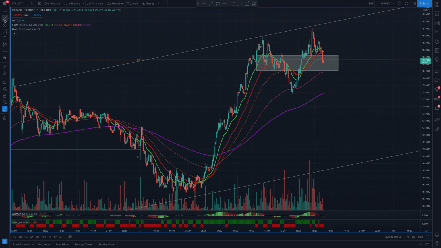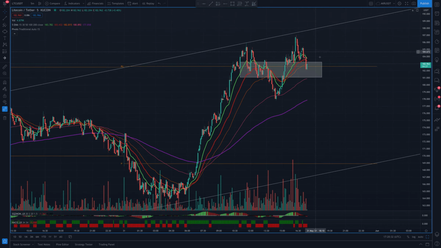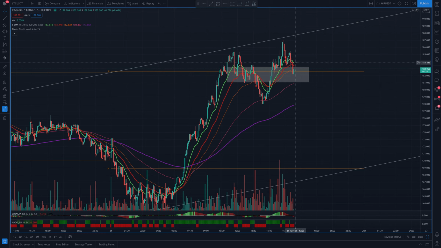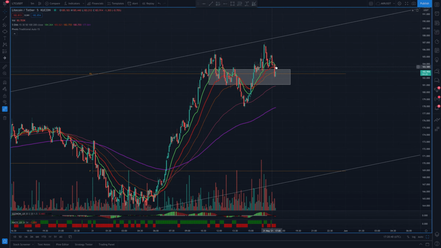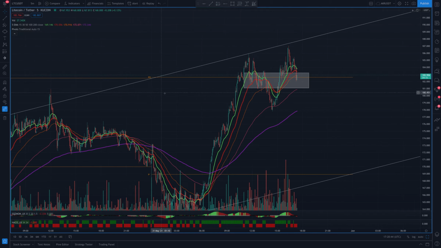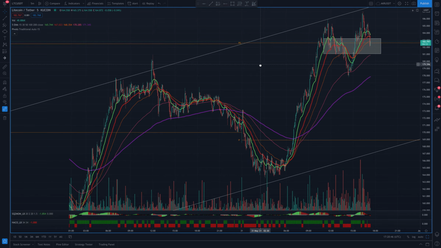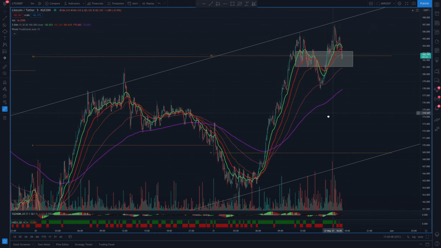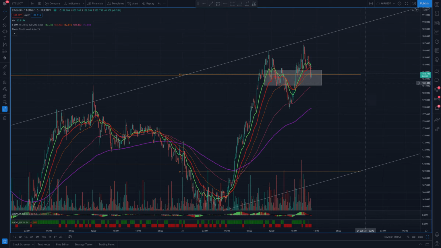Let me draw something. You can see price has started to reject over here. So this might be an interesting buying point, right? Because typically this is what we call the pivot point, and pivot points are very strong support lines.